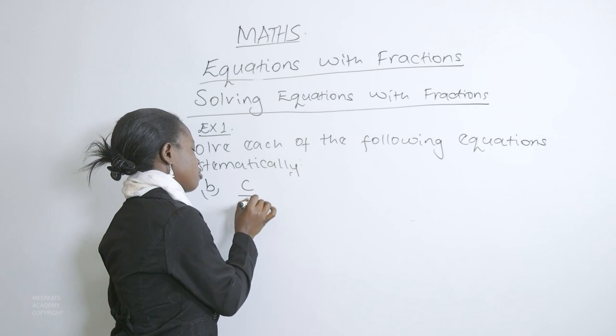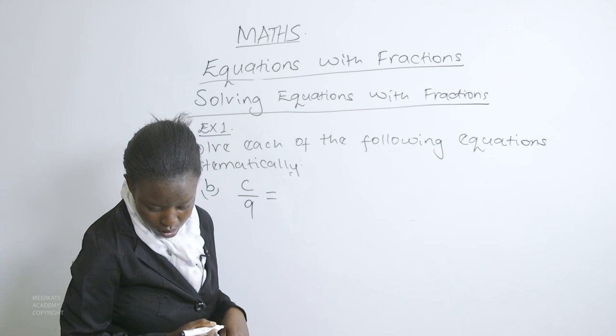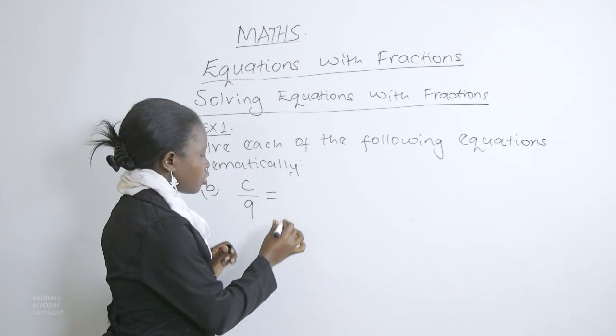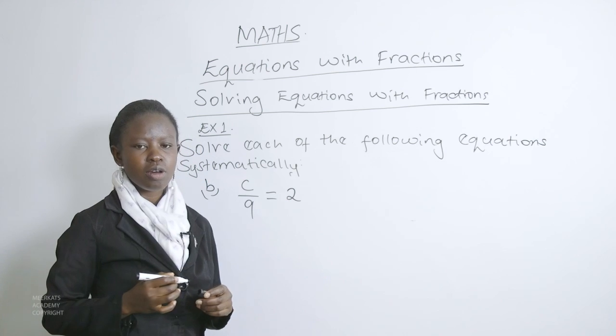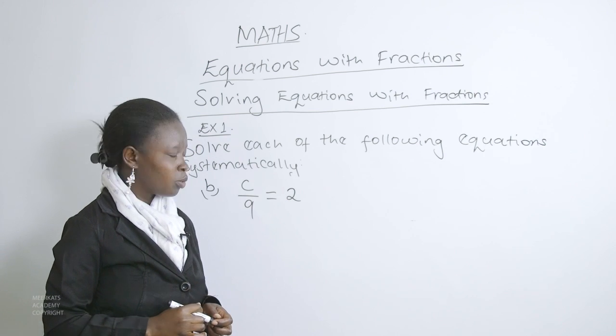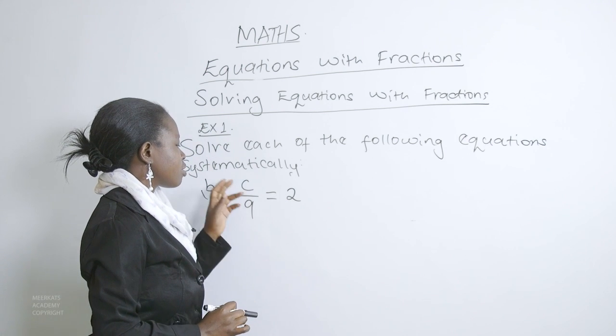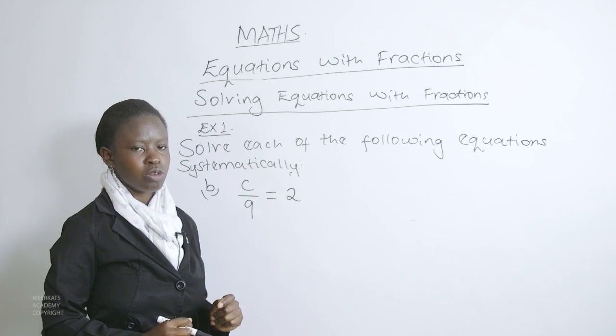B, we have c over 9 is equal to 2. We notice that c divided by 9 is equal to 2.